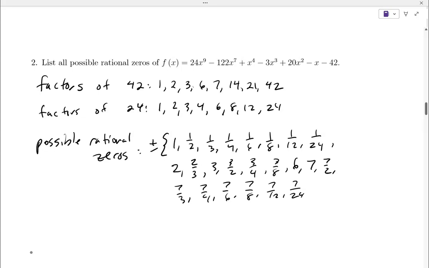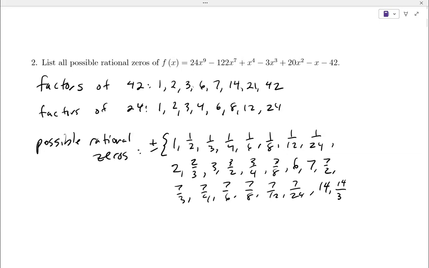Those will be new ones. Do the same thing with the 14. 14 over 2 gives us 7, which is listed. 14 over 3. 14 over 4 gives you 7 halves, which is listed. 14 over 6 is 7/3.